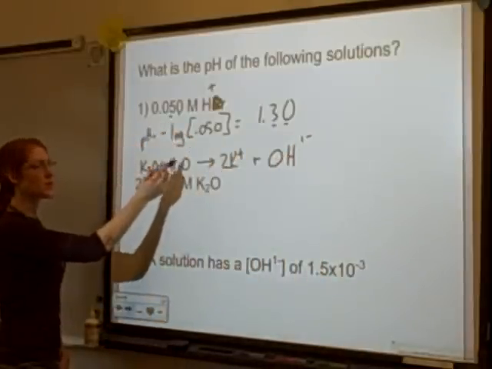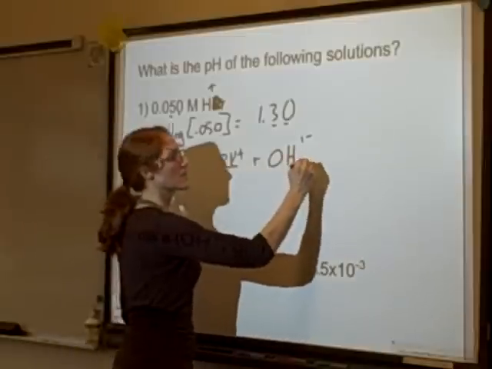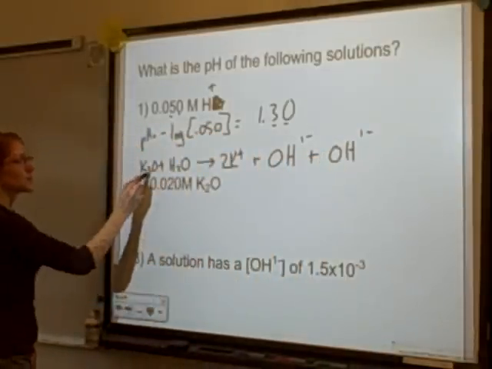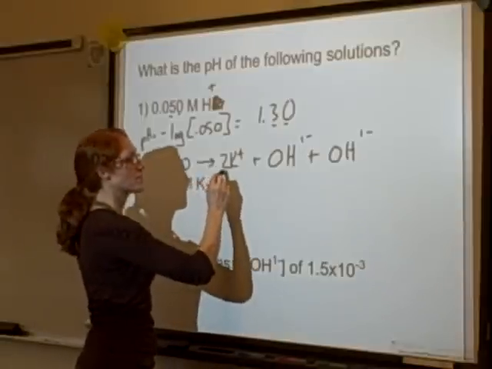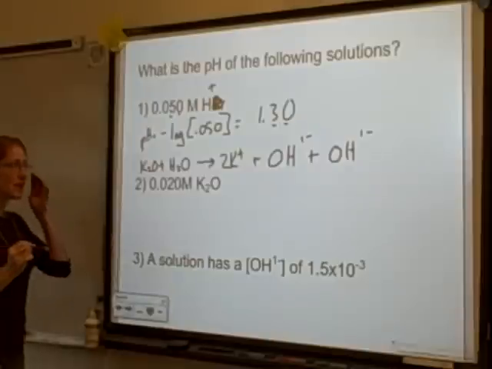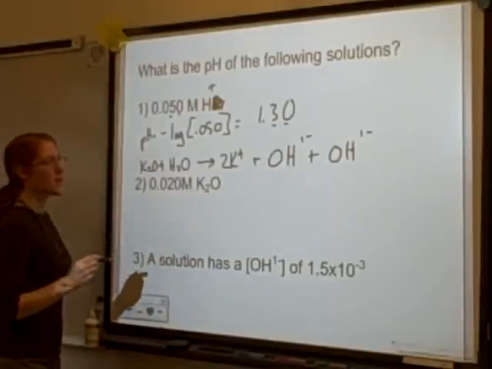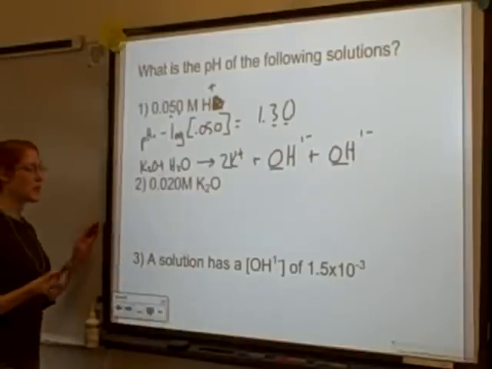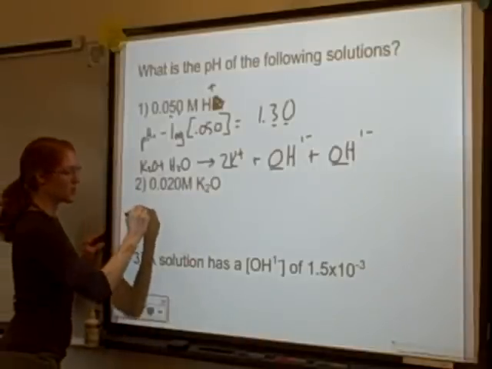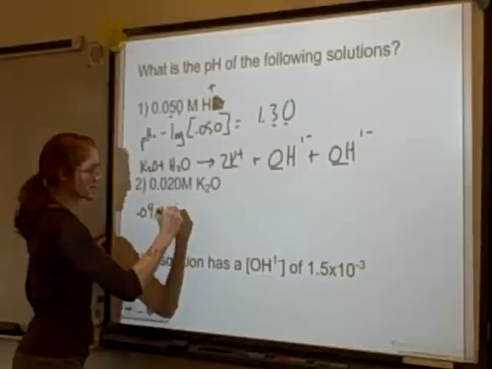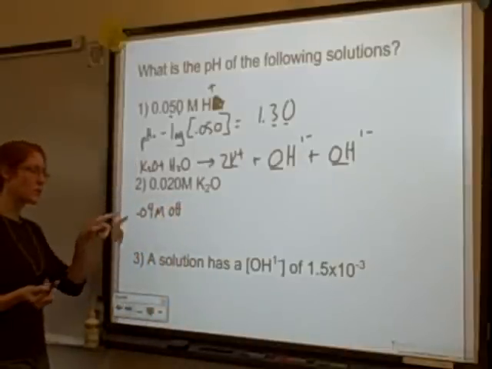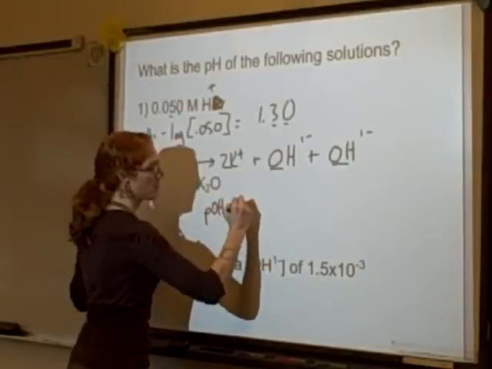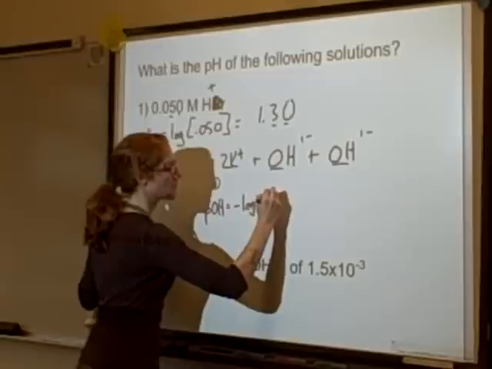If it's losing an H+ from the water, this water is losing an H+, that water is going to become hydroxide. So what happens, you can see there's 2 Ks, there's 2 Os, there's 2 H's. So it's balanced. If I have 1 mole of K2O, I actually have 2 moles of hydroxide. So it's 0.02 molar K2O, it's 0.04 molar hydroxide. So I know the pOH will be the negative log of this, negative log 0.04.